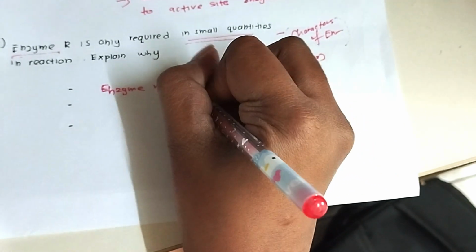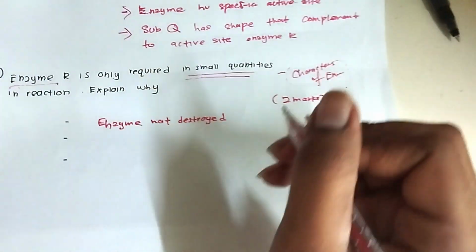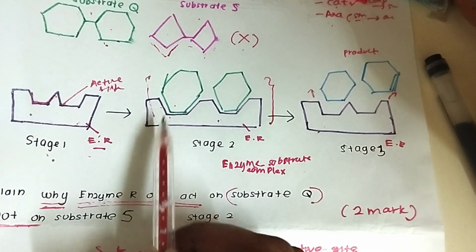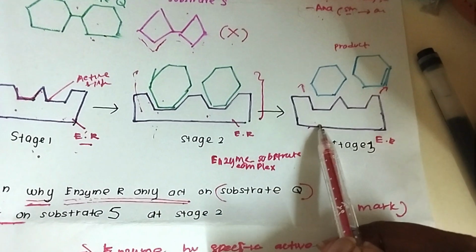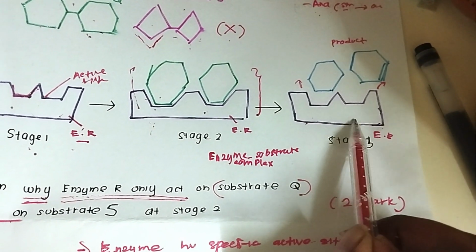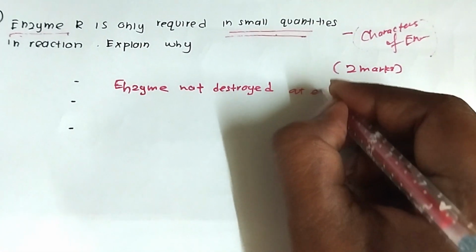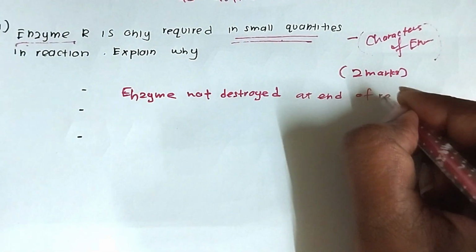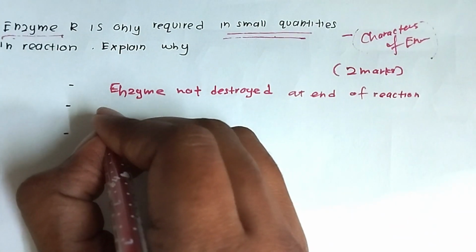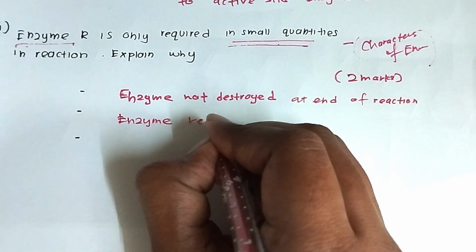Enzymes are not destroyed at the end of the reaction. Right after this reaction, the enzyme remains unchanged. They are not destroyed and they are reusable. When they are not destroyed, you can reuse them again. So enzymes are not destroyed at the end of the reaction, and they are also reusable.